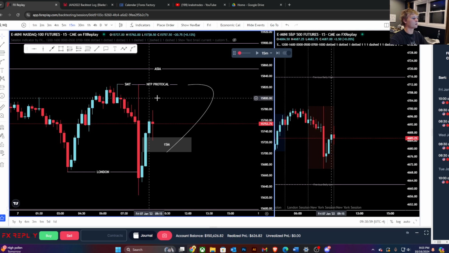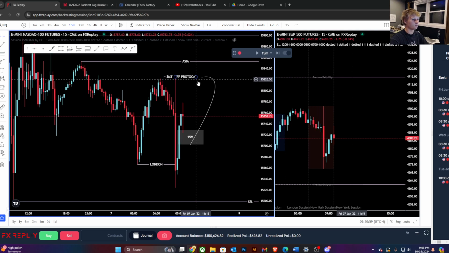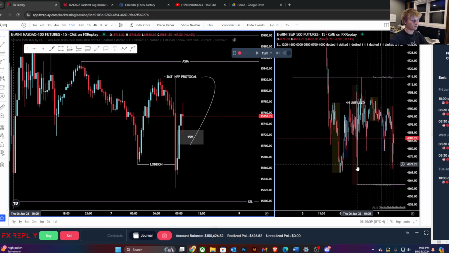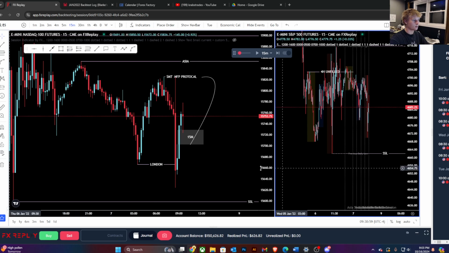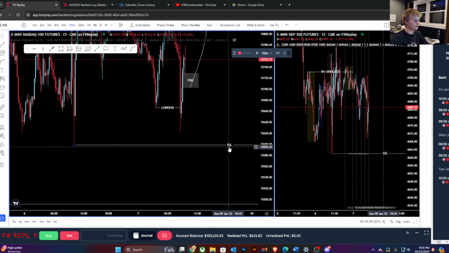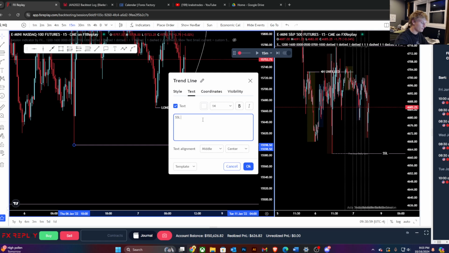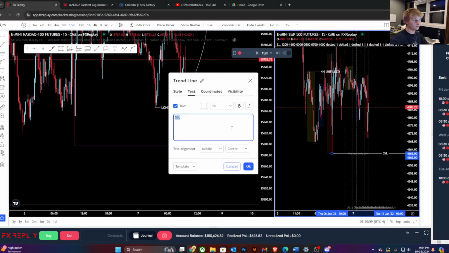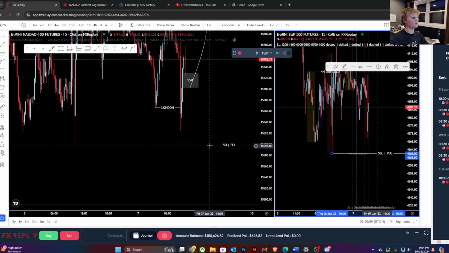Gonna keep that in mind. Previous day's low. The sell side here is previous day's low. So I'm gonna have that marked up.